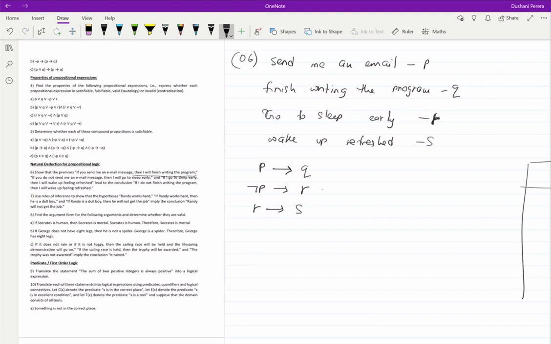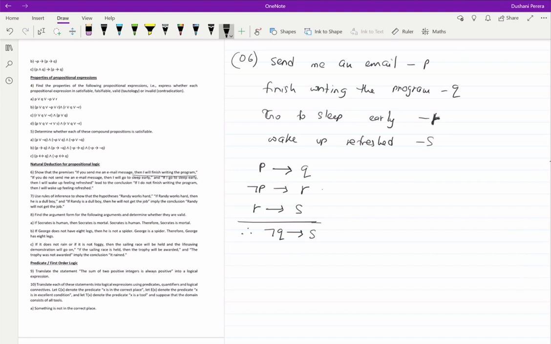And the conclusion says, if I do not finish writing the program, then I will wake up feeling refreshed. Okay. So this is what I have to do.